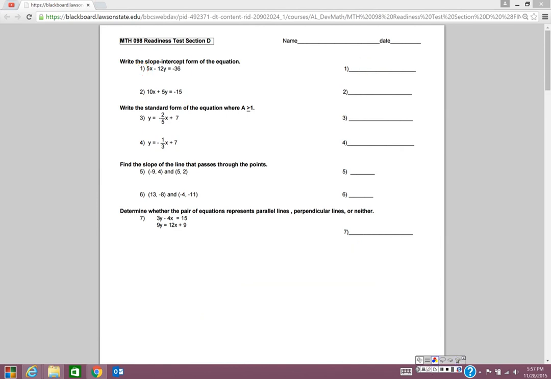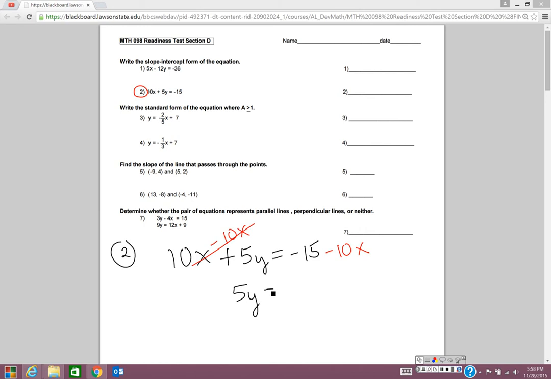We're going to work on number 2. So let me go ahead and rewrite. Alright, so here we need to subtract the 10x. Cancels. We have 5y equals negative 10x minus 15.